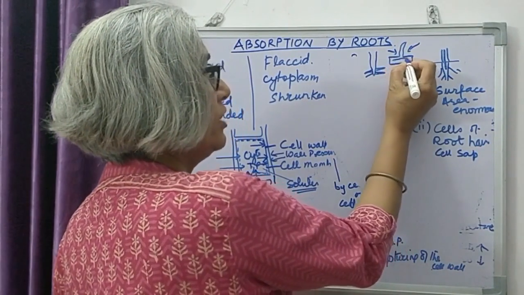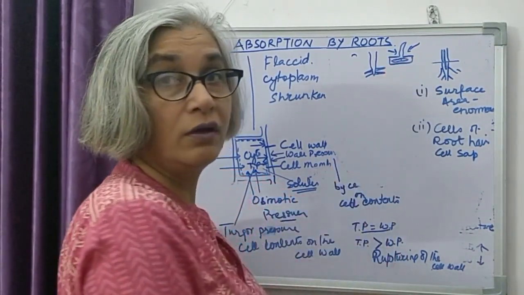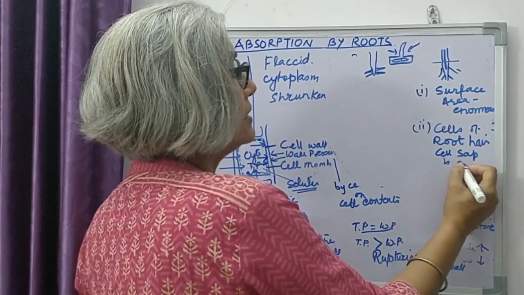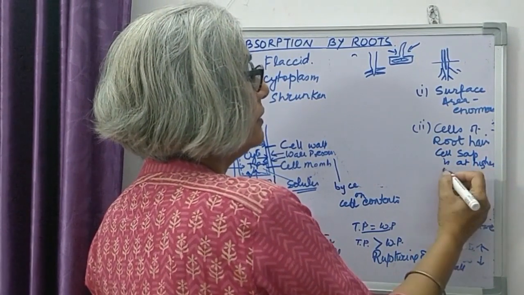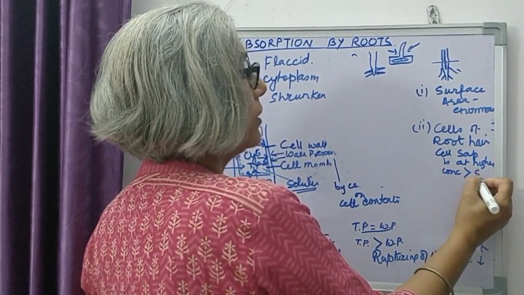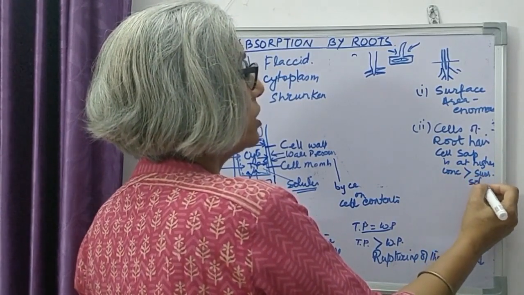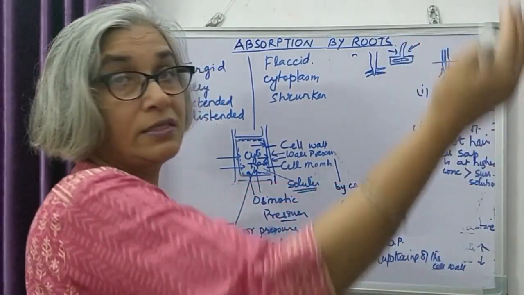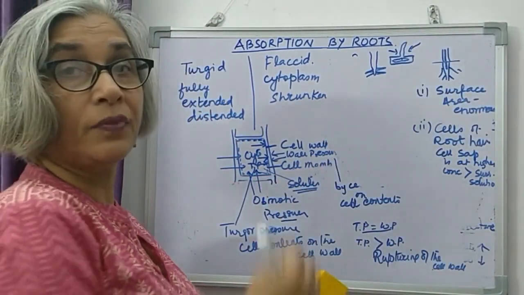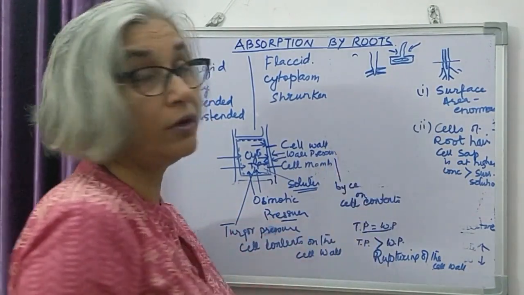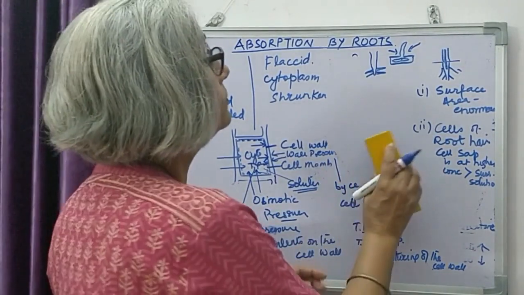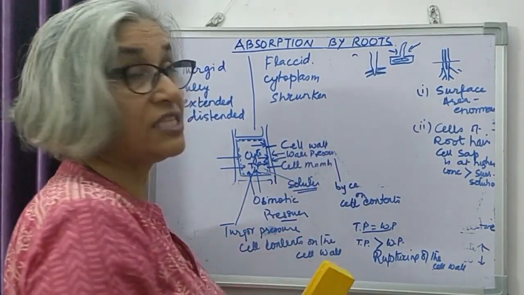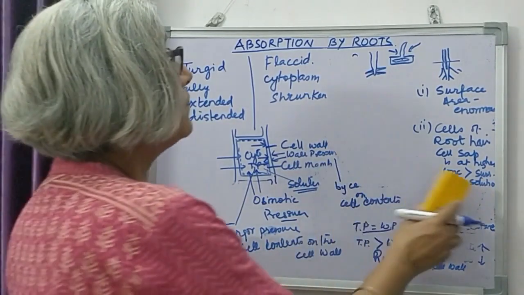Cell sap is whatever is filled inside the vacuole of the plant cell, and it is at a higher concentration than the surrounding water. This is one more reason: there is less water inside the cell, so more water will move from outside into the cell. Second reason for absorption. So these are some characteristics which the root has, which facilitate the process of absorption by the roots.